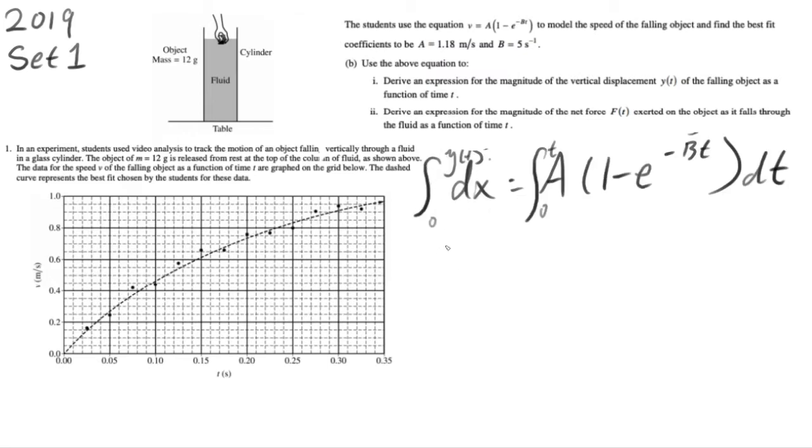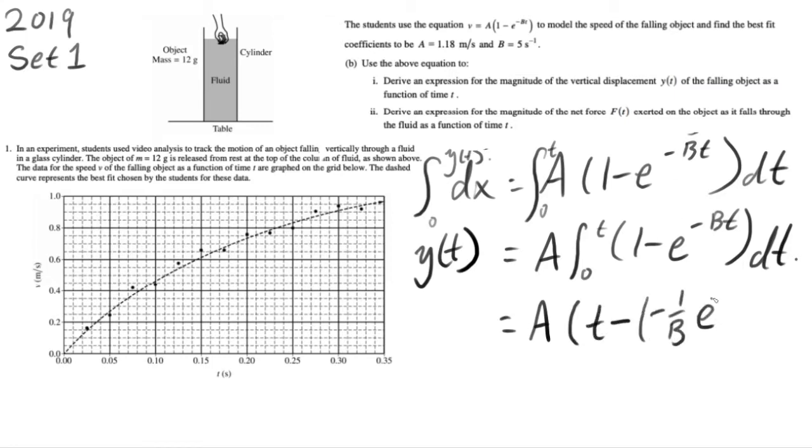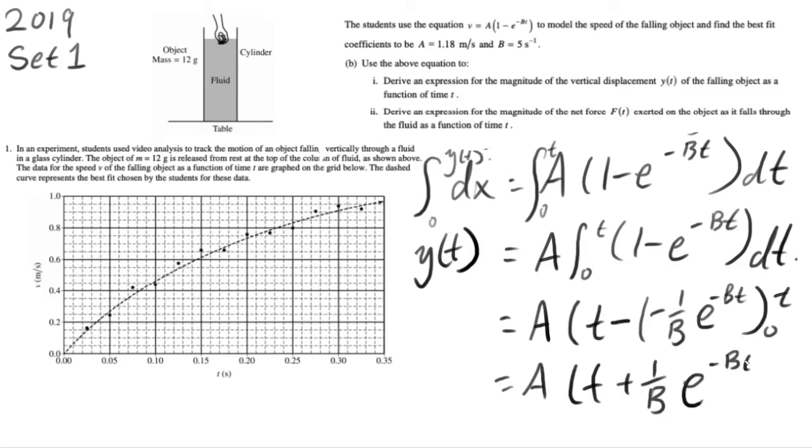So we know that the left side will become y(t). For the right side, we can take the a out, so it becomes a times the integral from 0 to t of (1 minus e to the negative bt) dt, which equals a times [t minus (negative 1 over b) e to the negative bt] with limits 0 and t, which equals a times [t plus (1 over b) e to the negative bt].